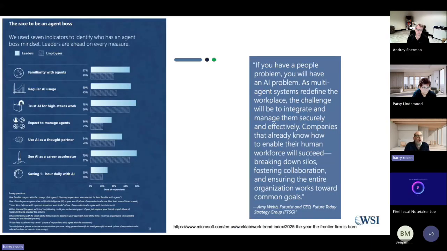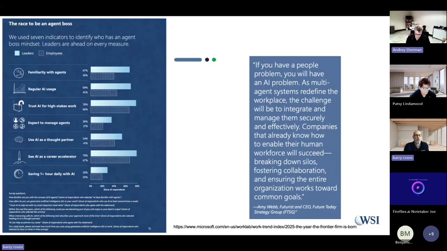So who are going to be the leaders that are ahead of the game? And these are the characteristics from a leadership perspective that if you are displaying these indicators, you will already be ahead of the game. So, if you have a people problem, you will have an AI problem. As multiple agent systems refine the workplace, the challenge will be to integrate and manage them securely and effectively. So you want to make sure that you're doing regular AI usage.